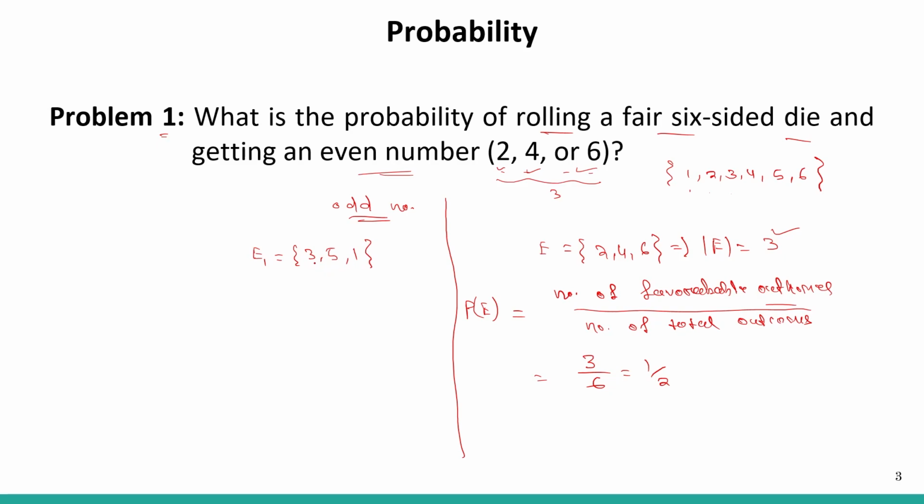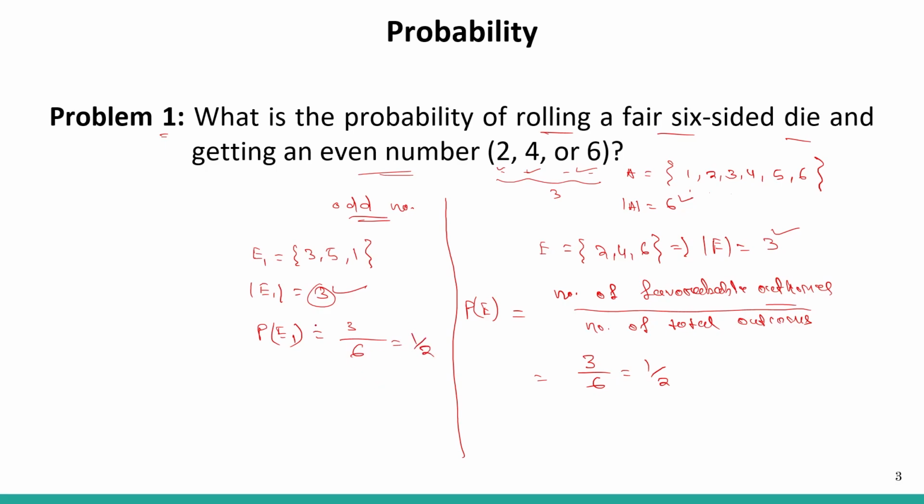The cardinality of E1, the number of elements in the set, is 3. The number of total outcomes is the same, 6, so the cardinality of A is 6. The same formula applies: P of E1 is the number of favorable outcomes, 3, over the number of total outcomes, 6. So it will be 1 by 2.